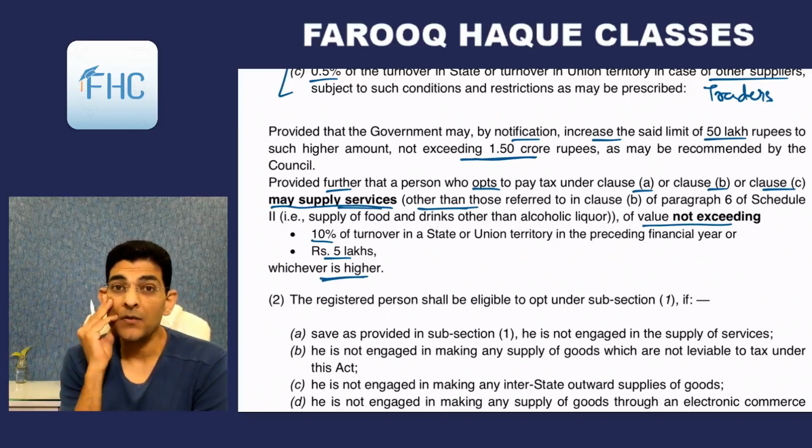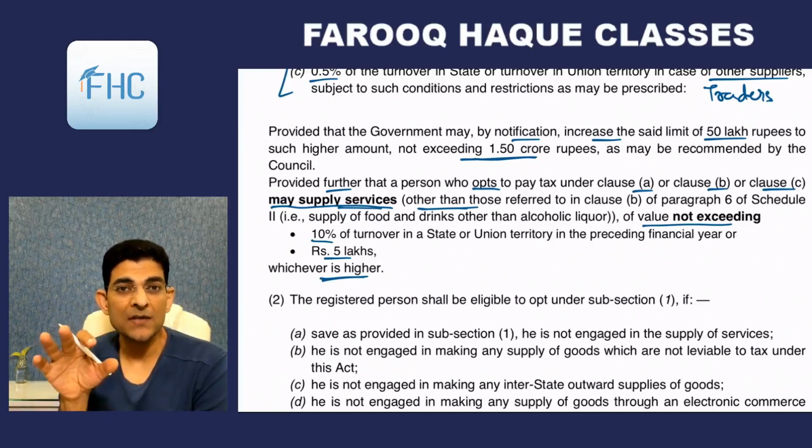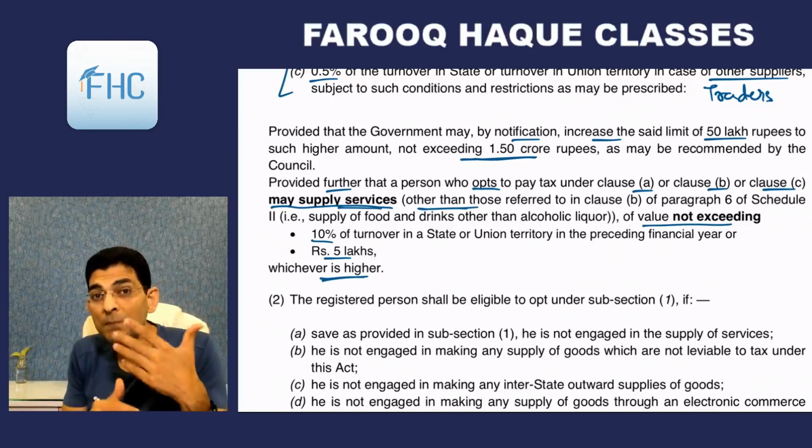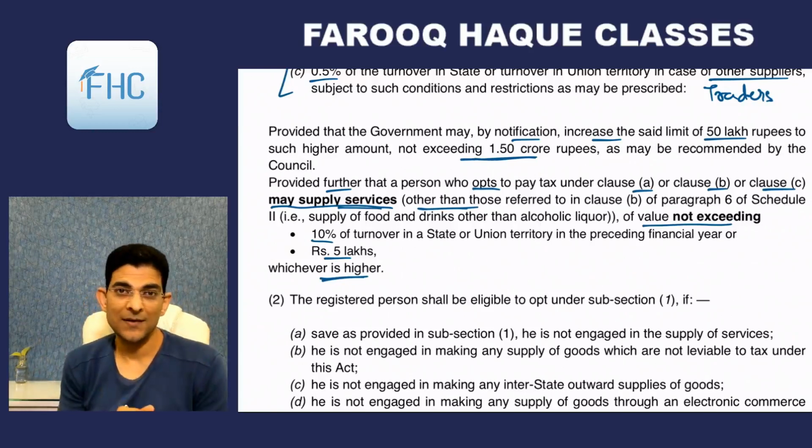If you are a dealer of pure goods, you don't give any kind of service, like for example you have a small kirana shop, so you only sell goods, then you are entitled for composition scheme. Or if you are into restaurant or catering service, then you were entitled. But suppose if there is a dealer who sells goods and he also does repairs and maintenance, then he was not entitled to claim composition scheme.